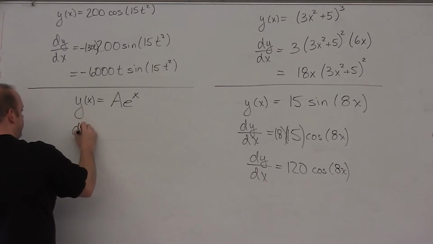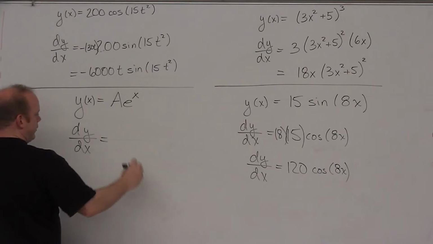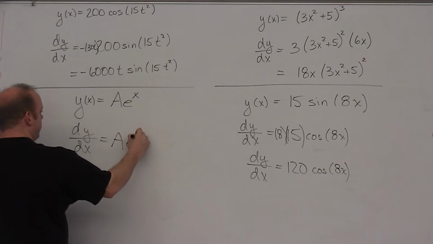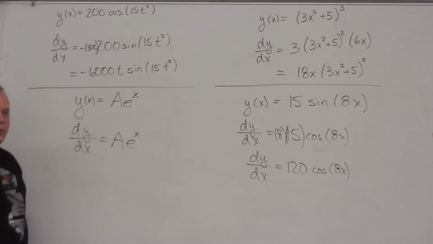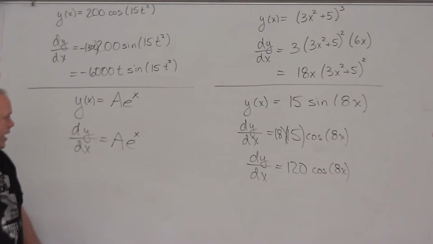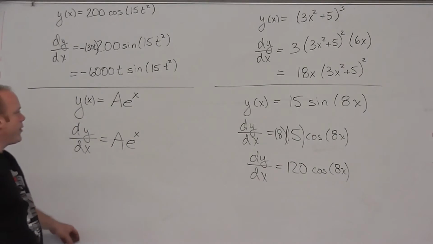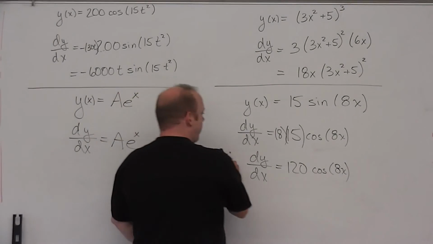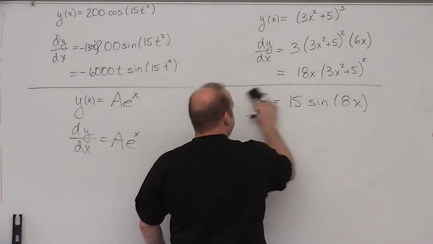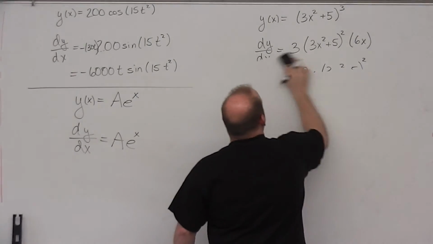The derivative is equal to a e to the x. Ooh, nice. Okay? The derivative of this is itself. Okay? There are more complicated examples that we have to use chain rule for.